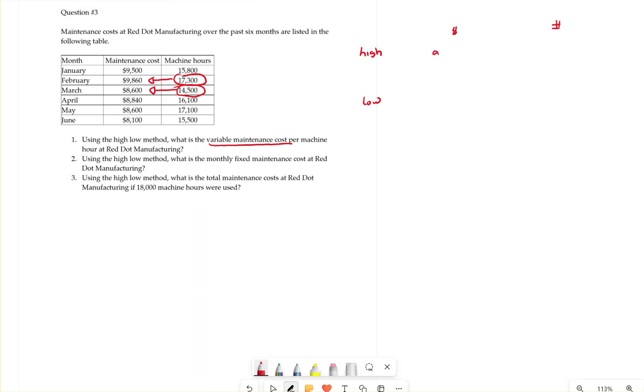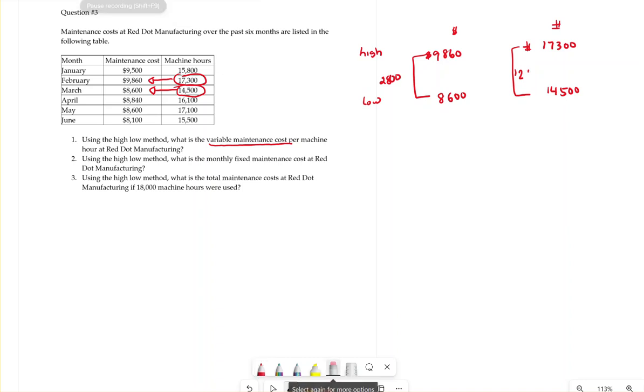In this case, we have 9,860 and 8,600, and then the high is 7,300 and this is 14,500. So you take the difference between the dollar value of the amount and the number of machine hours.